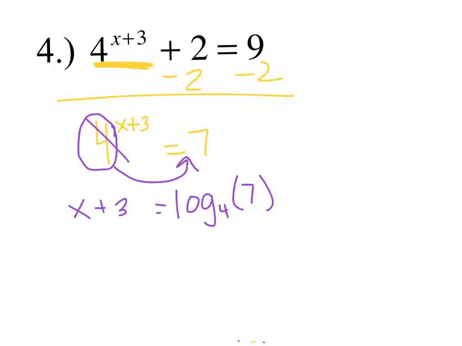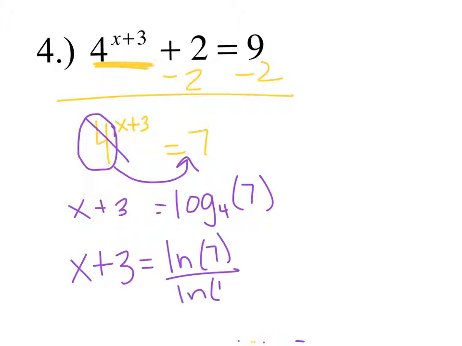Here's where that change of base formula comes in handy, because I do not know off the top of my head what power to raise 4 to get to 7, because it's going to be a decimal that does not work out evenly. So, to solve for the log base 4 of 7, we use our change of base formula: ln of 7 divided by ln of 4.